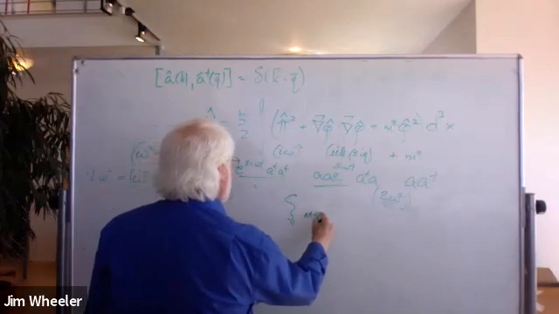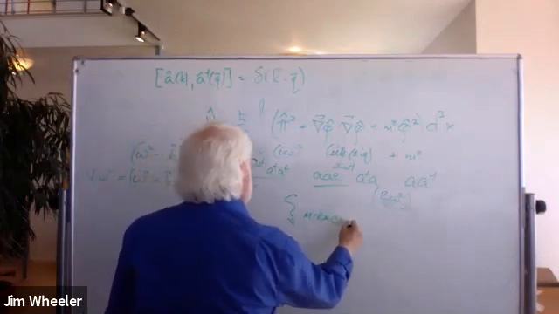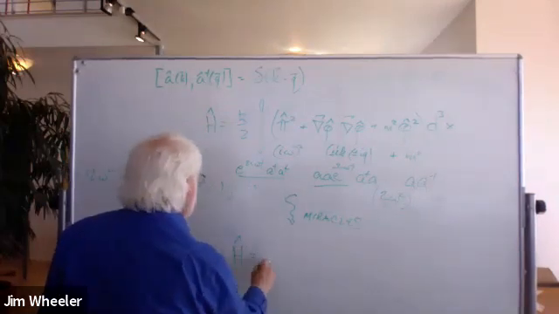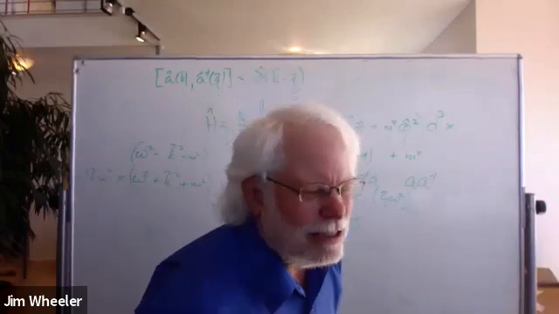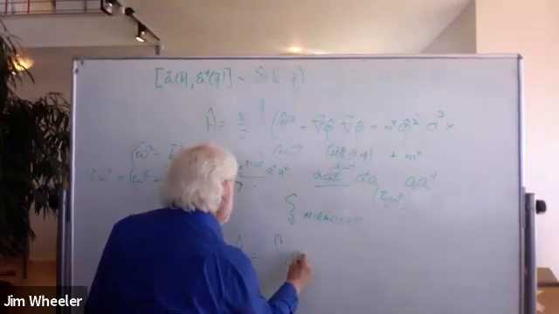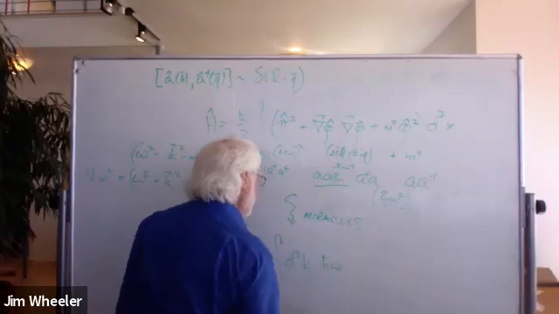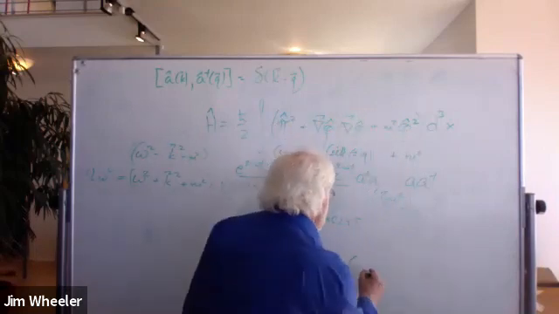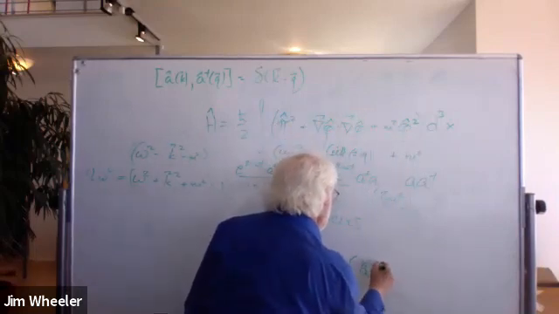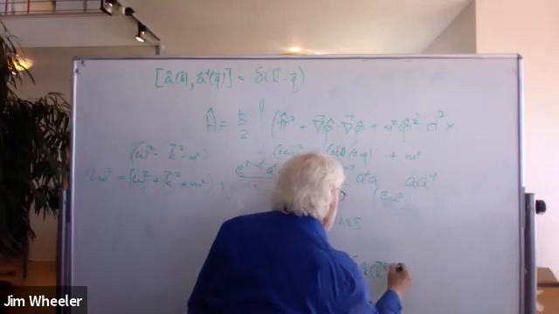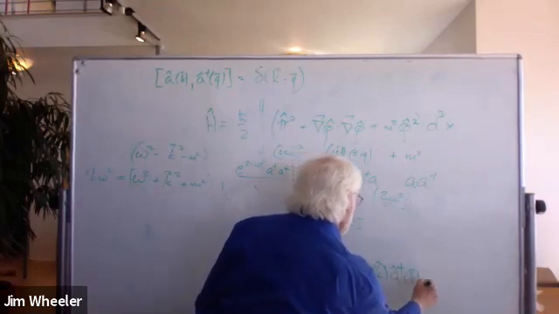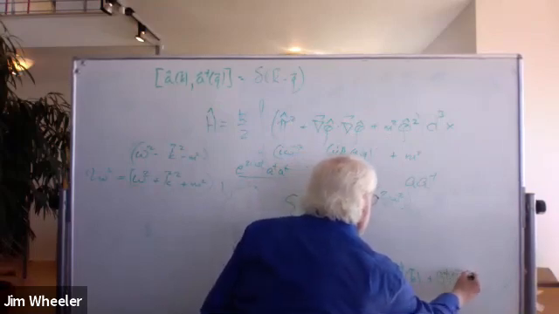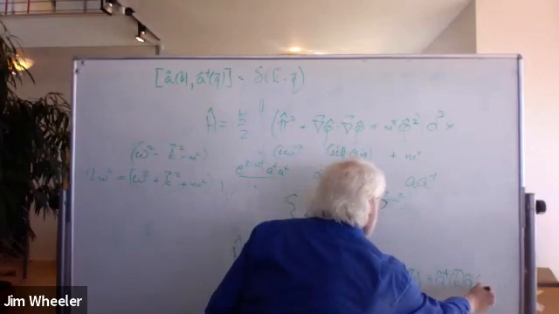Miracles happen. And you find that H is given by, let me just write it as the integral d3k, h bar omega, times A hat of k, A hat dagger of k, plus A hat dagger of k, A hat of k.